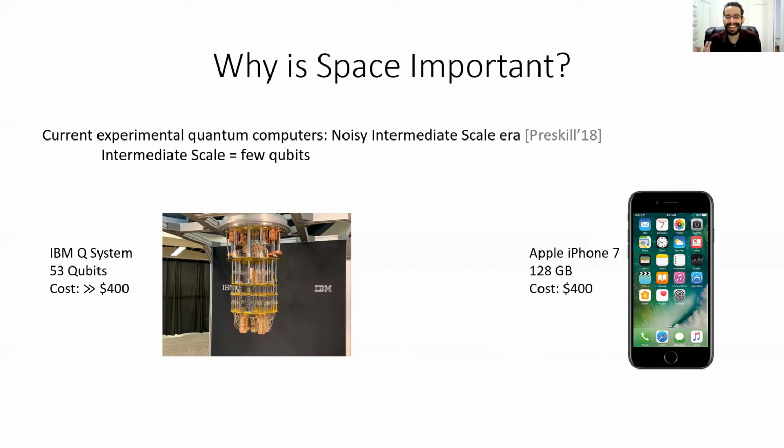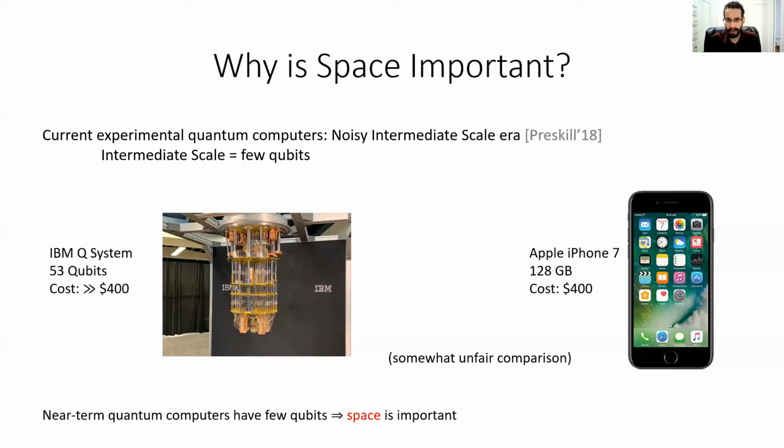Of course, this is a somewhat unfair comparison, because when one says the iPhone 7 has 128 gigabytes of memory, that is conflating together multiple different kinds of memory. But the basic message is true. Current and near-term quantum computers have few qubits. They have a small amount of quantum memory. And so space really is important in quantum computation.